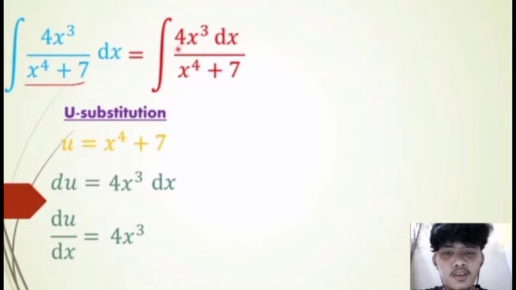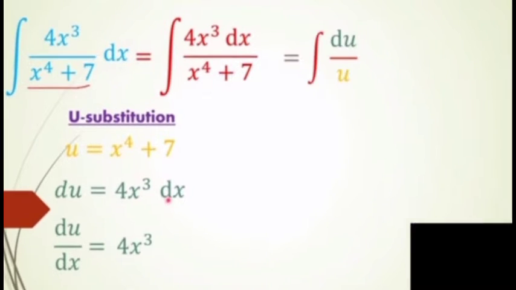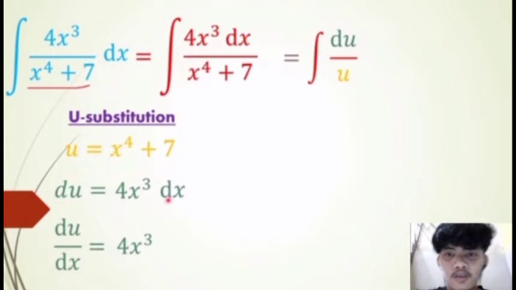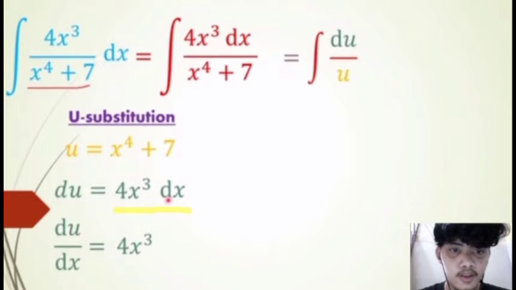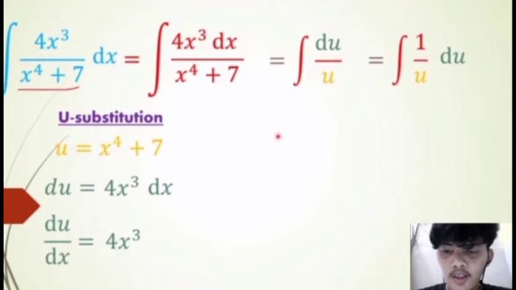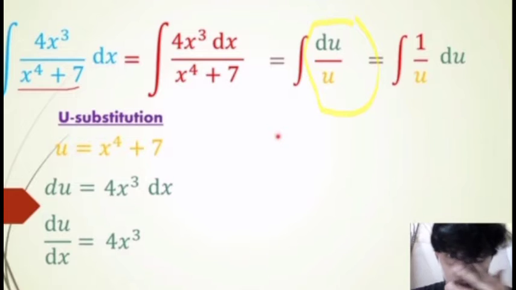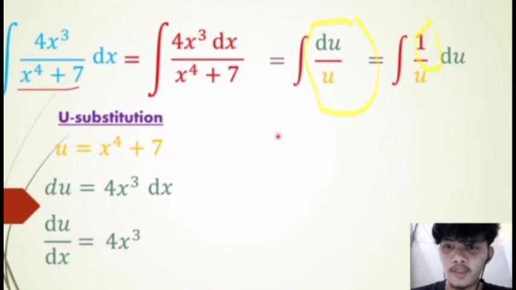Then the answer is the integral of 4x^3 dx over x^4 plus 7. Then in terms of substitution, it becomes du over u. For du, we pick 4x^3 dx, and for u, we pick x^4 plus 7. Then when we finish putting du over u, we need to put 1 over u because it is the integration format.